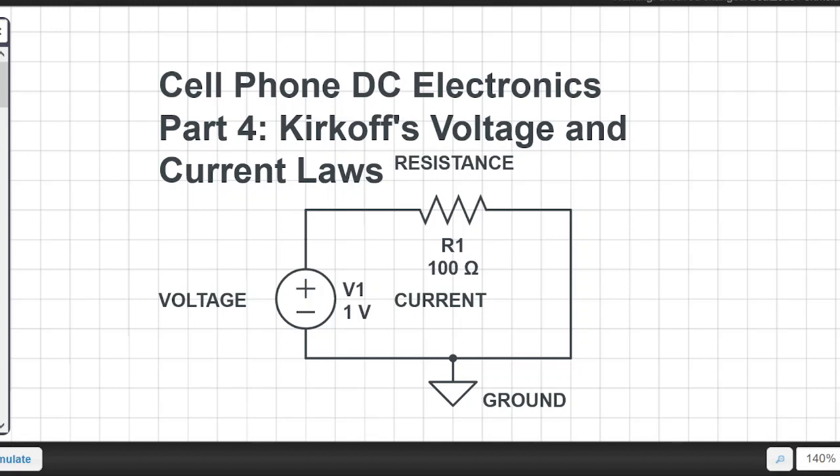And why this matters in cell phone electronics is that if you pass a voltage to a ground plane and you look further in the circuit, you should see a voltage drop. Each component should be doing its job, is essentially what it means.